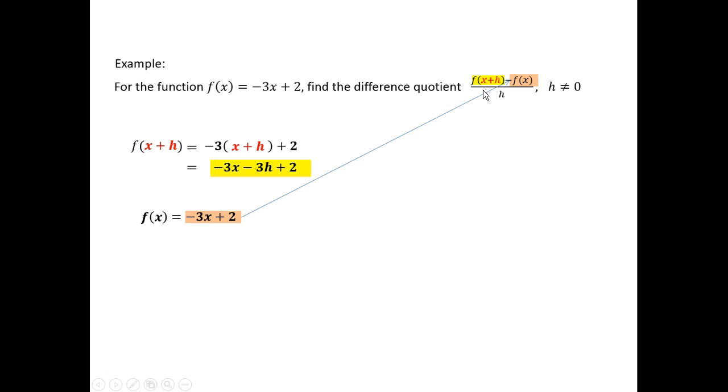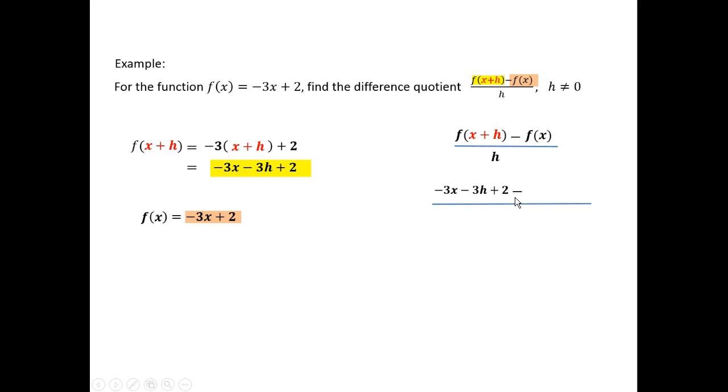So we have our f of x plus h minus f of x. Now let's put this together in our difference quotient. Our f of x plus h minus f of x over h is nothing more than negative 3x minus 3h plus 2. That's our f of x plus h part. Minus, now this is where you have to be careful.